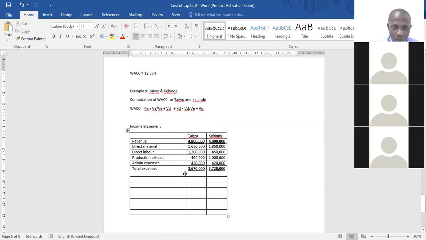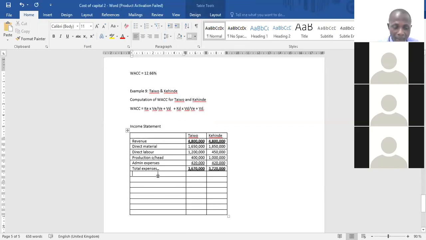Let us continue. So what will be our profit before interest and tax? Profit before interest and tax is going to be our revenue minus expenses. So that's 800,000 minus 3,670,000, that's 1,130,000 for Taiwo.